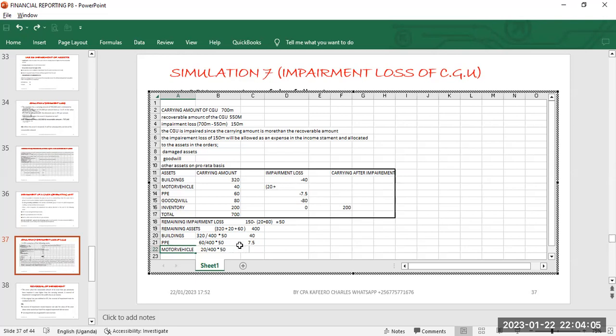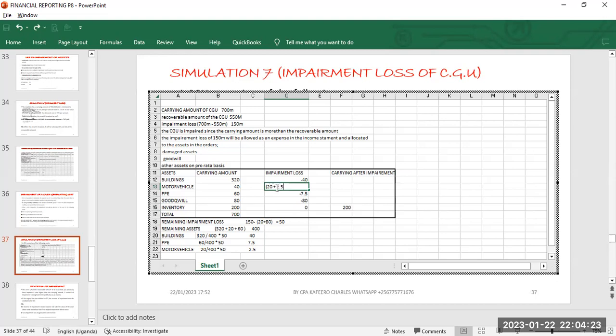Of course, we are remaining now with the 2.5, because it was 10 million, we removed the 7.5, meaning we are remaining with that. So it is this where we are going to be adding the 2.5.